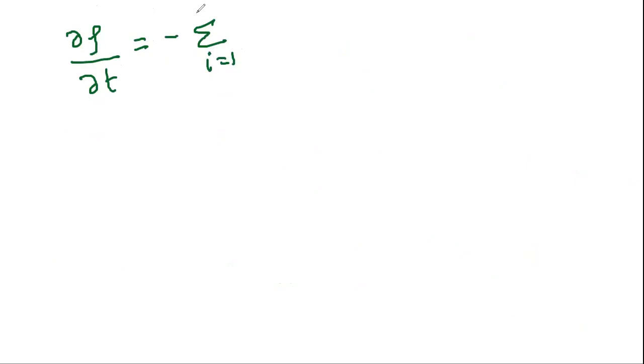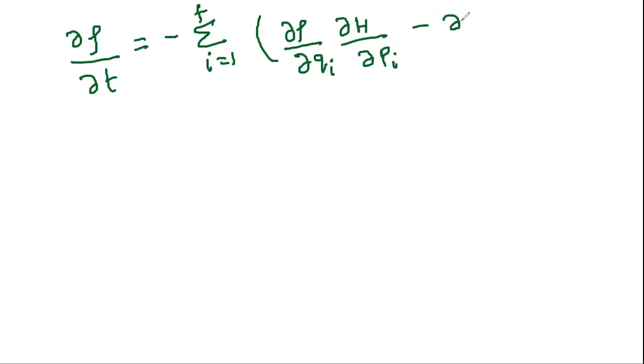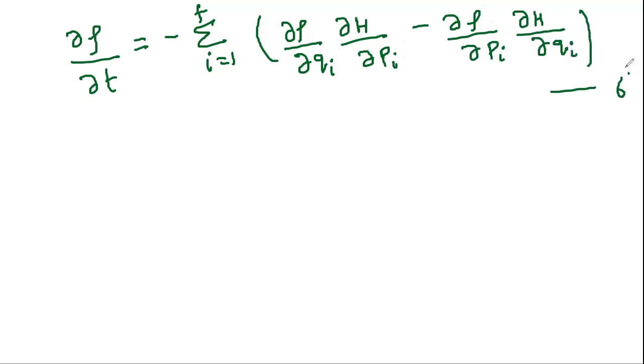Summation i equal to 1 to f, where f is the number of degrees of freedom in the system, of dou rho by dou qi times dou h by dou pi minus dou rho by dou pi times dou h by dou qi. We named this equation as equation 6, with a negative sign in front of the summation. H is the Hamiltonian of the system, as you know.